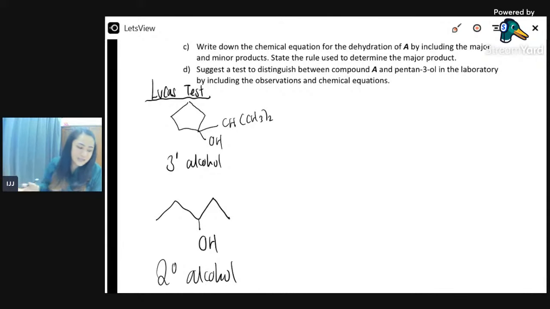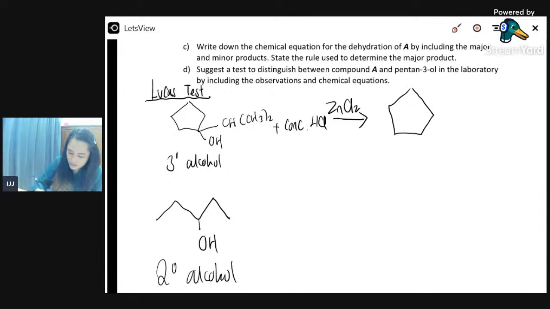So you put lah, if secondary alcohol, okay, kalau Lucas reagent tu ialah concentrated HCl and then ada ZnCl2. Okay, so what happened here is dia sebenarnya substitution reaction ni, this OH will be replaced with a Cl. So macam ni kan, okay, Cl, okay, CH, CH3, 2.